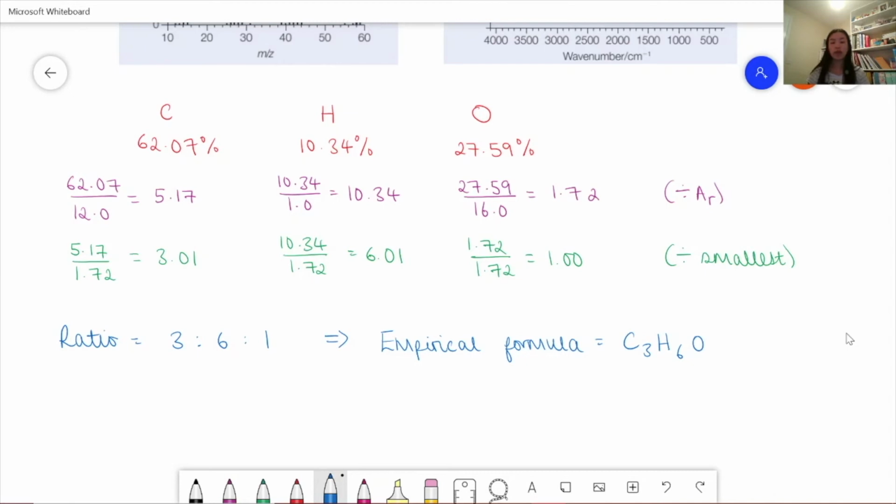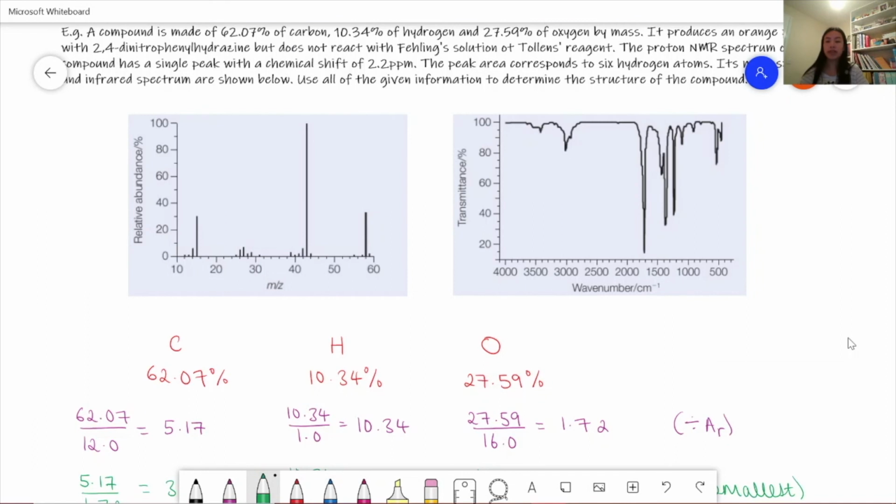And now we have to try and work out our molecular formula to actually see how many of each element we actually have in this compound, because the empirical formula is just the simplest whole number ratio. So how we do that is we look at our mass spectrum. So this one on our left is our mass spectrum. So this is what we get from our time of flight mass spectrometer.